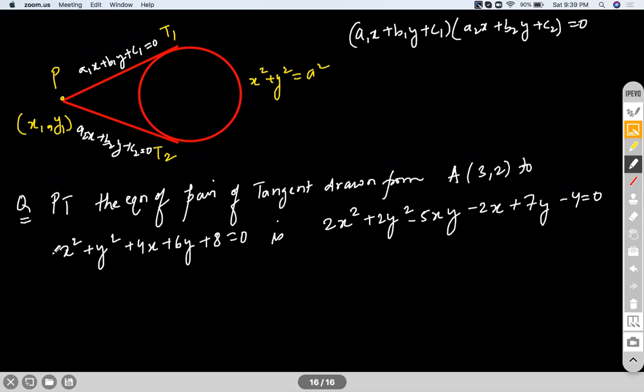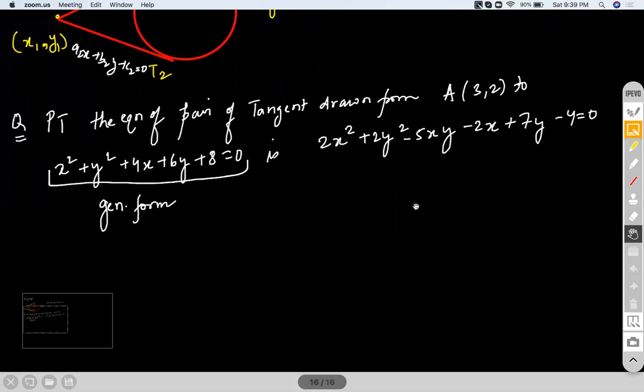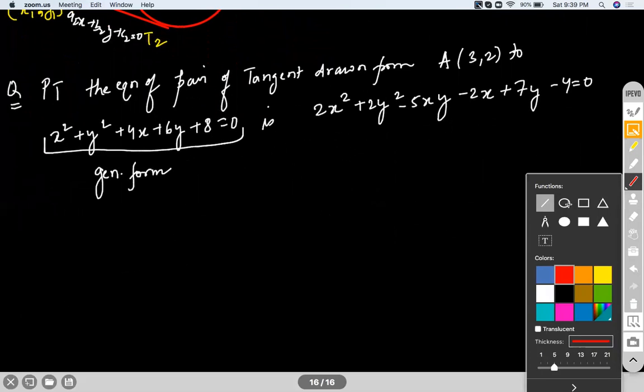Yeah, but here the problem is your circle is not the standard form, it is the general form actually. So some problem will arise over here. Direct formula cannot be used, but still it is solvable.